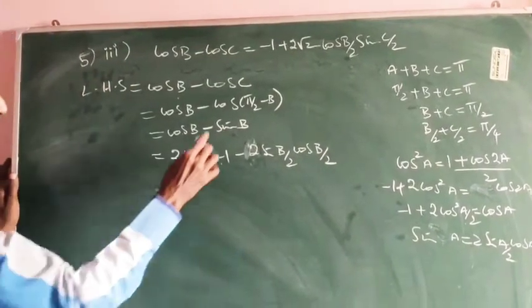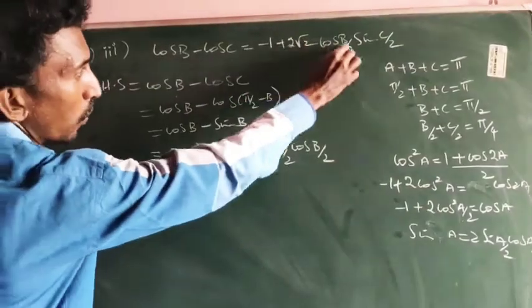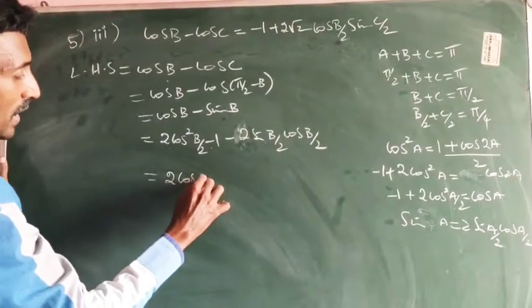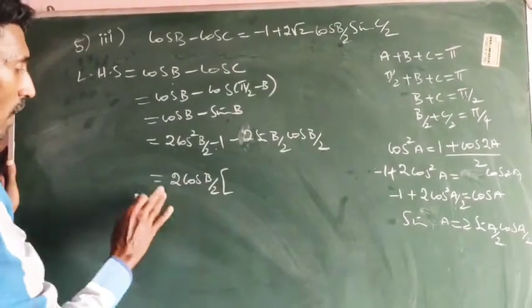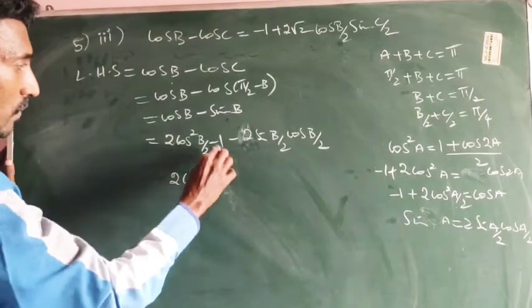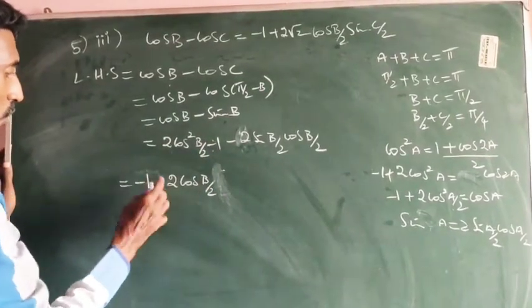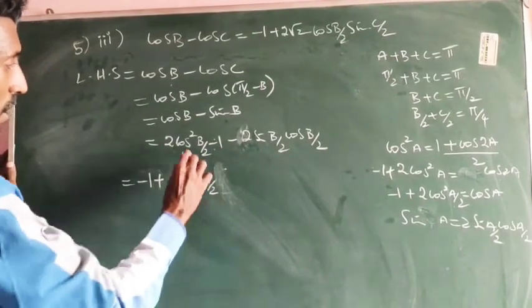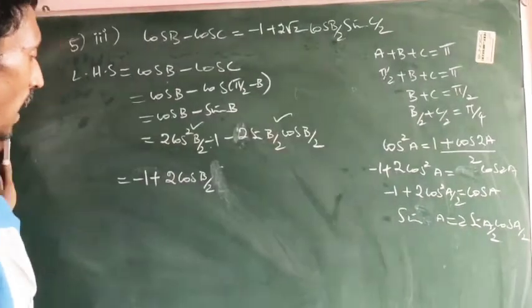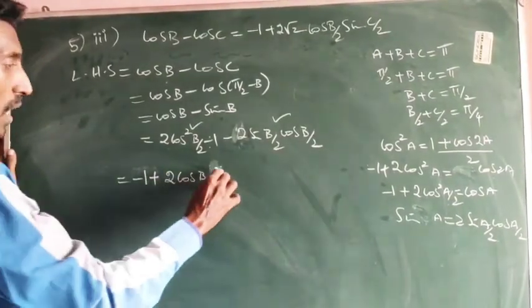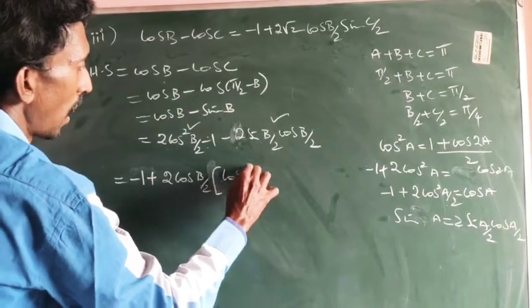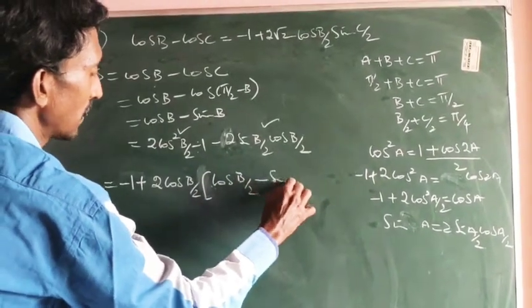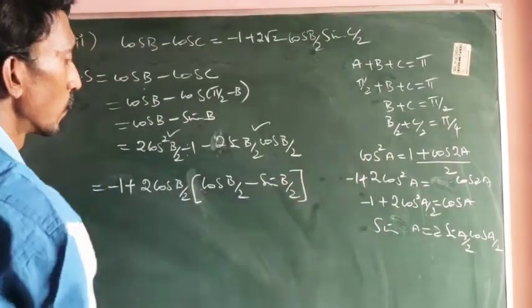So look at the answer, 2 cos B by 2, that is the hint, take it outside. And one more thing, minus 1 is already present, so minus 1 plus, for these two terms take 2 cos B by 2 in common, so remaining cos B by 2 minus sin B by 2.